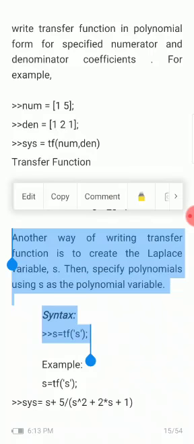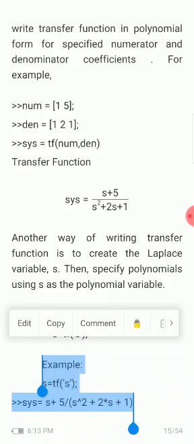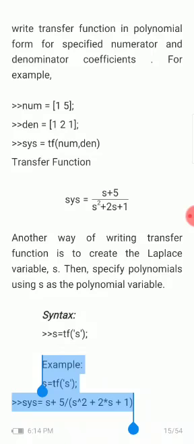See here, s equal to tf within parenthesis, within apostrophe s is written, and with the help of this we can write the transfer function. In this example you can see s equal to tf of 's', and then the system is written in terms of s. So with the help of this the transfer function can be written directly.